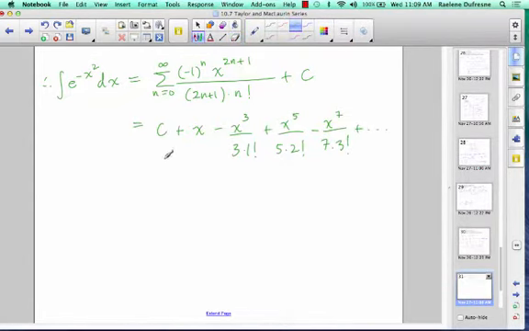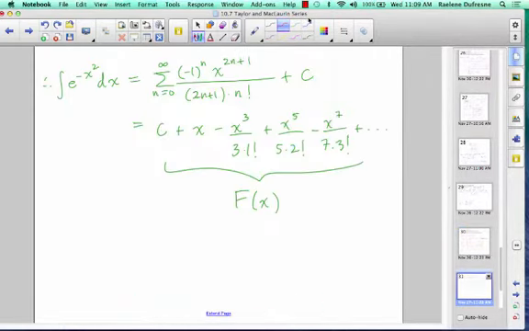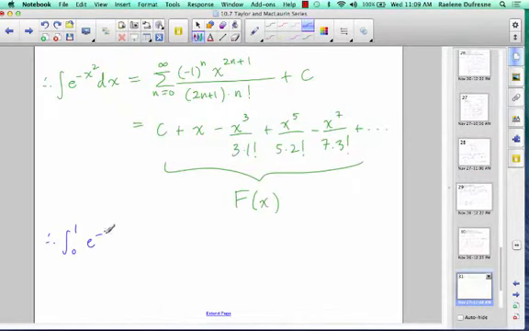And what we have here is the general antiderivative function, capital F of x, if e to the negative x squared was little f of x. So when we want to work out the definite integral from 0 to any value, in this case 0 to 1, of e to the negative x squared dx, we are going to substitute by the fundamental theorem of calculus the bounds, top bound and bottom bound, as follows into the antiderivative function.